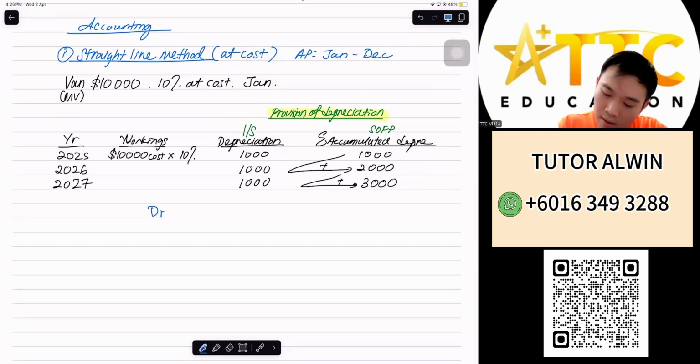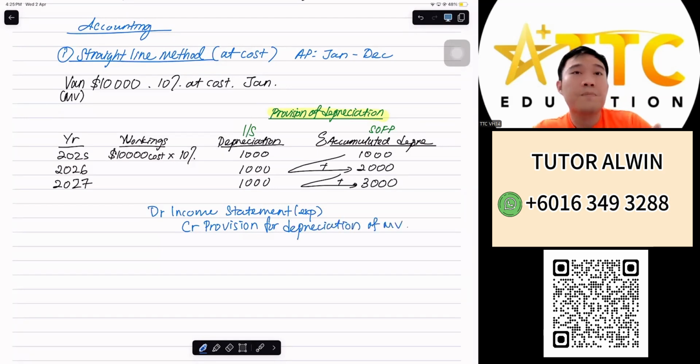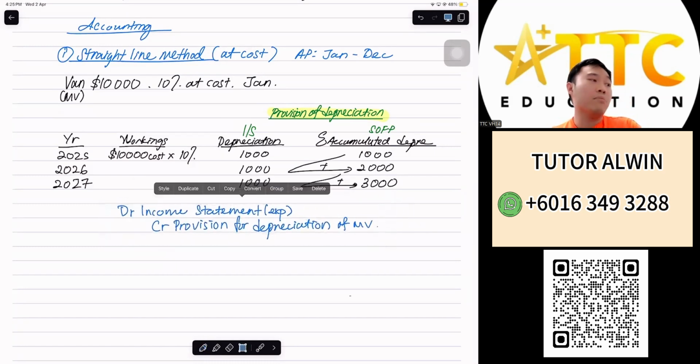Debit the income statement under the expenses heading. We write it as provision for depreciation of motor vehicle. This is the double entry all the time. Very simple.